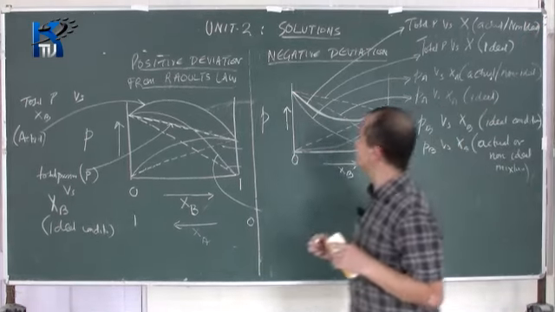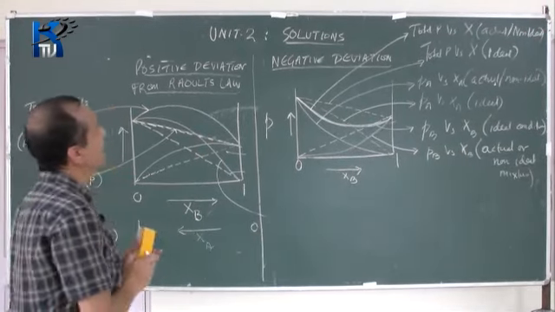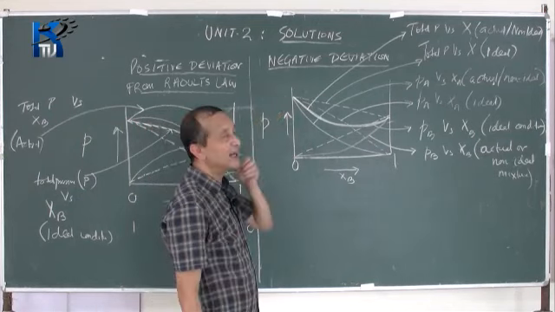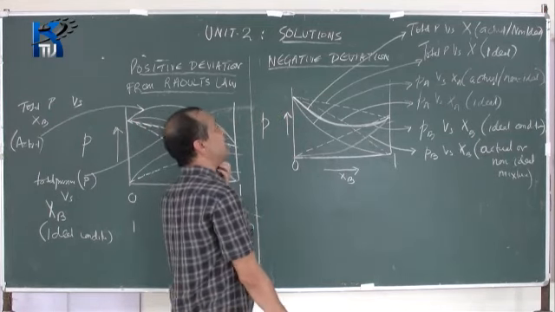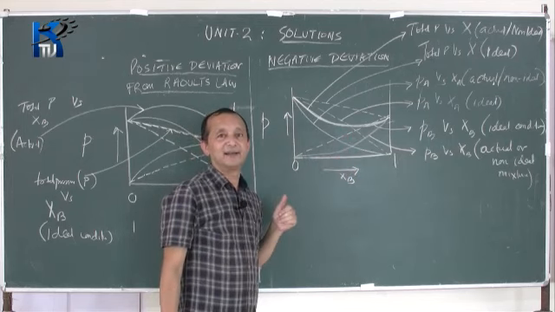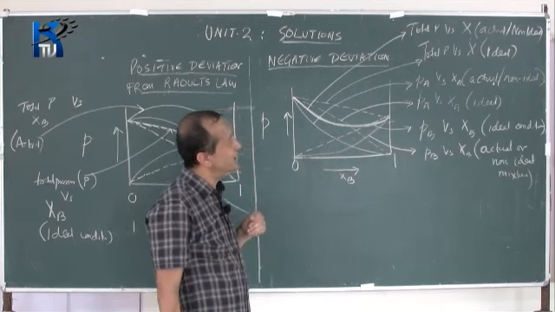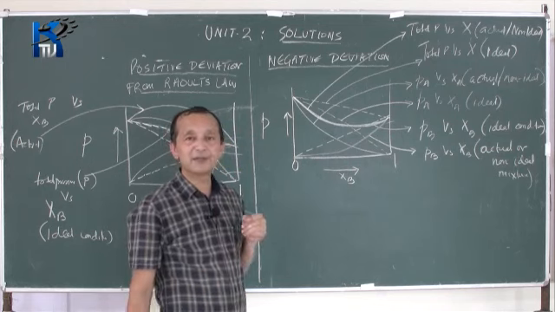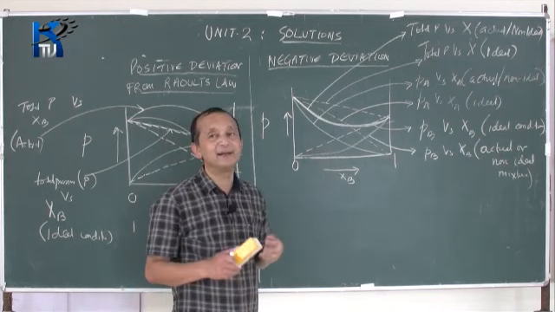Okay, so this is how we explain negative deviation from Raoult's law. Now why do we call it negative? We call it negative because the actual pressure is less than what is expected in Raoult's law, so what is expected from an ideal solution.